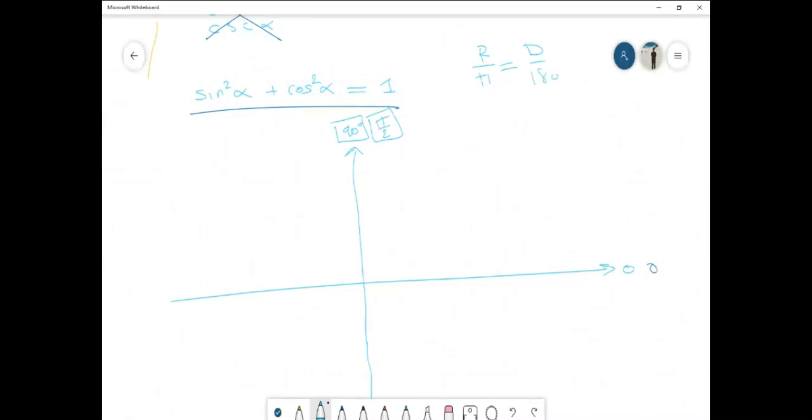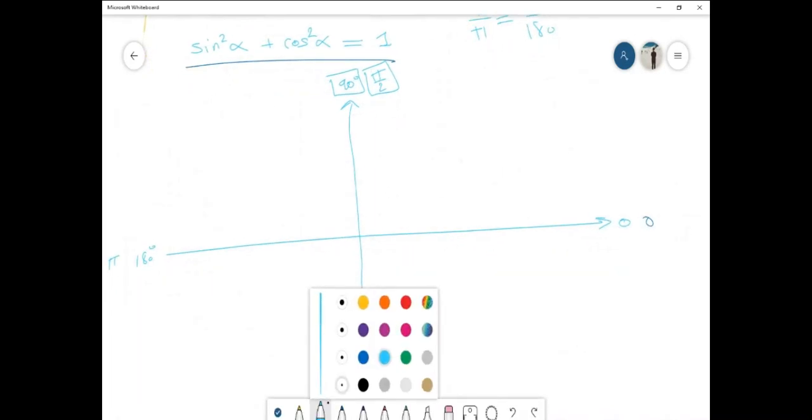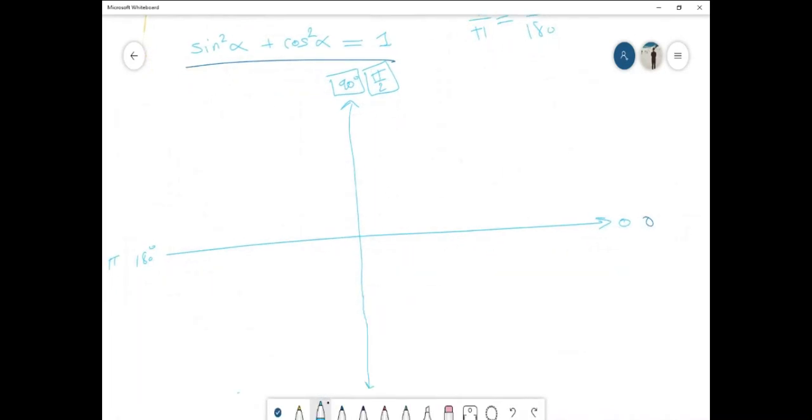Do you know how to convert degrees into radians? The formula is r over pi equals degree over 180. And in here, in terms of degrees, we have 180 degrees if I start from here to here, and in terms of radians, it will be pi.